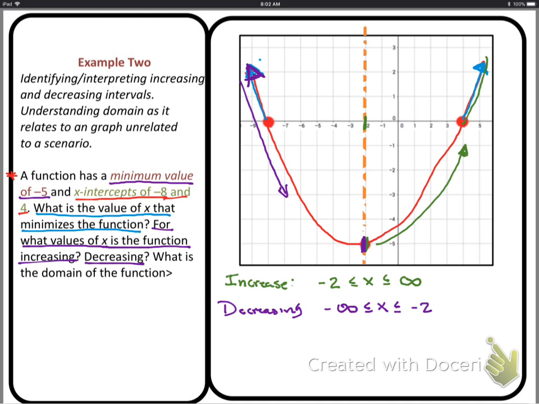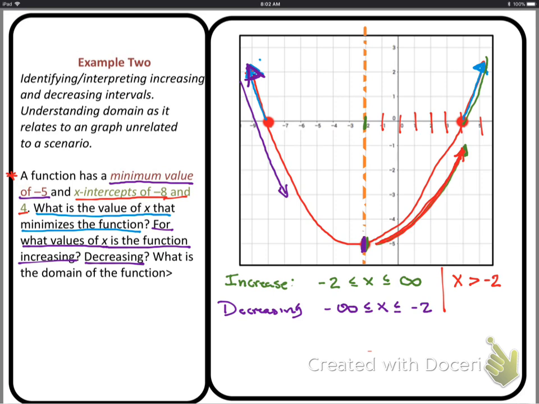Another way we can state these: we have our increase for all numbers after -2. If you choose to do it this way, this is fine too. x is greater than -2, for all values greater than -2. That includes -1, 0, 1, 2, 3, 4, 5, and so on.